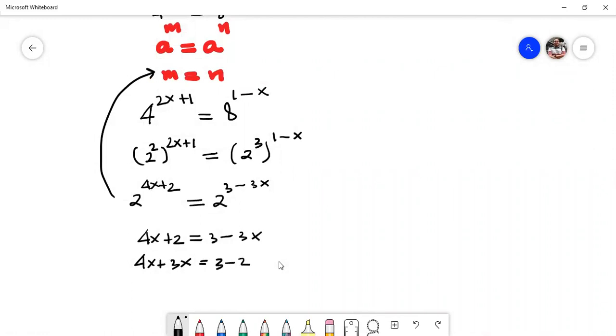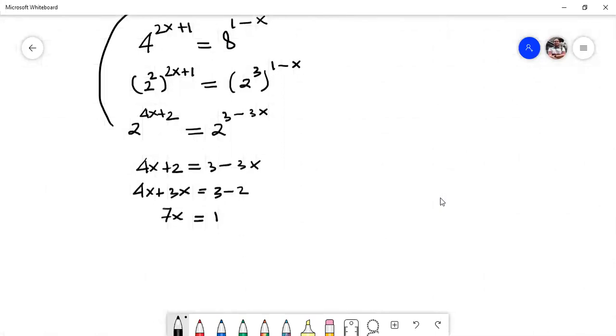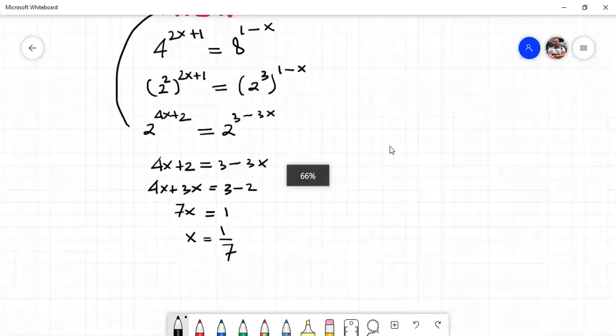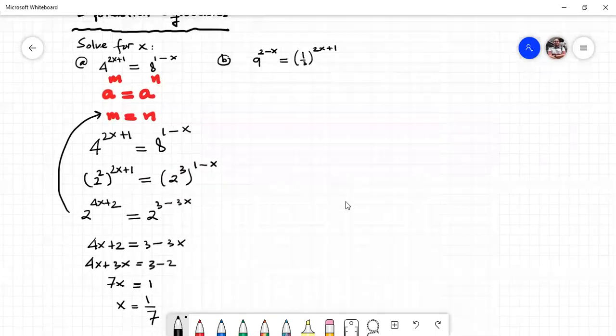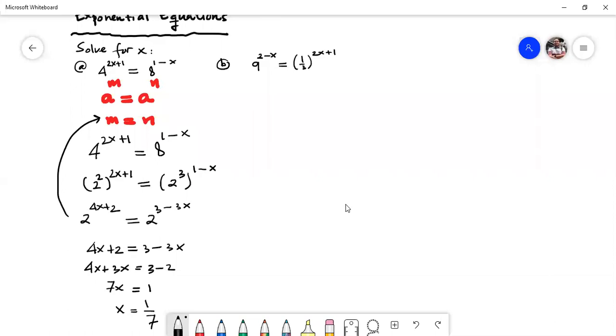Am I right? So what do we have here now? We have 7x equals 1. Okay, then what is x? Directly you know x is 1 over 7. That's the answer. Okay, what do you think? That's simple, right? Not that difficult.